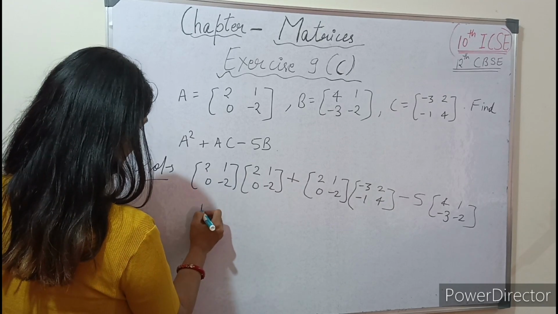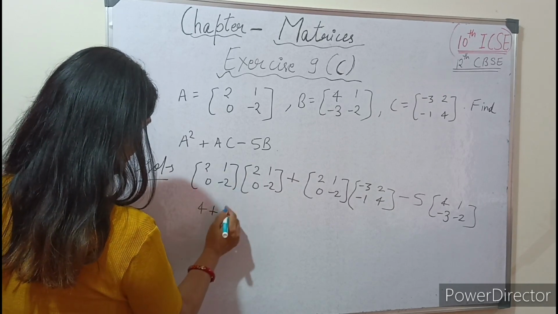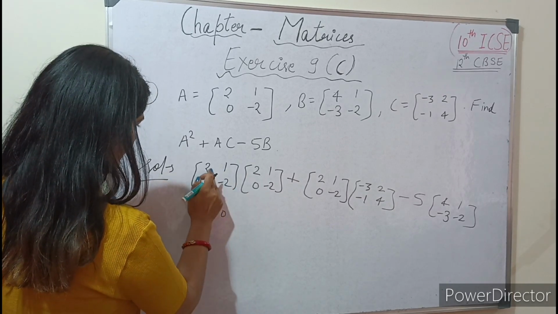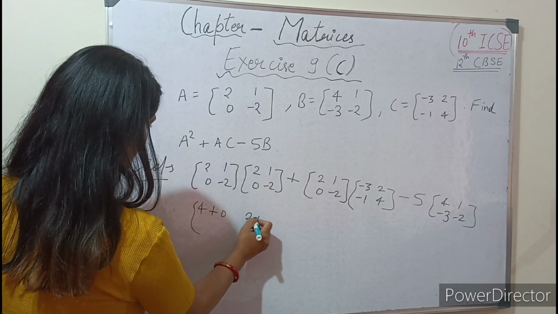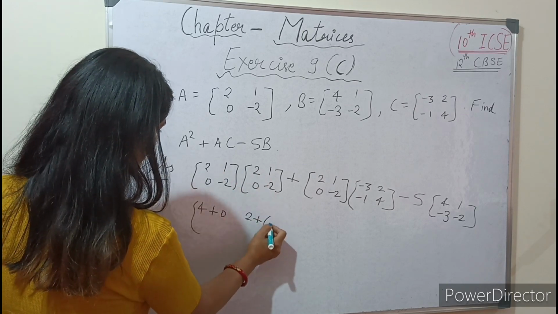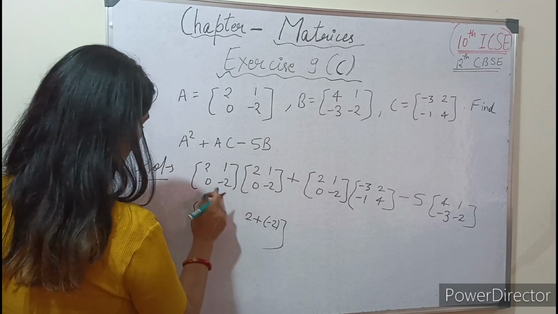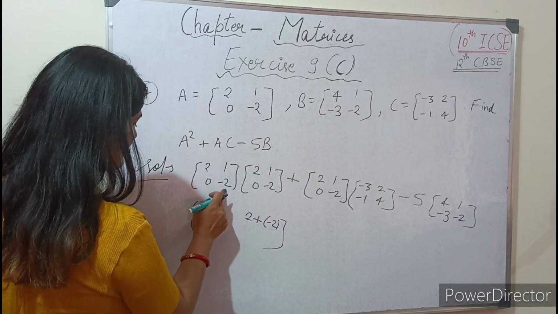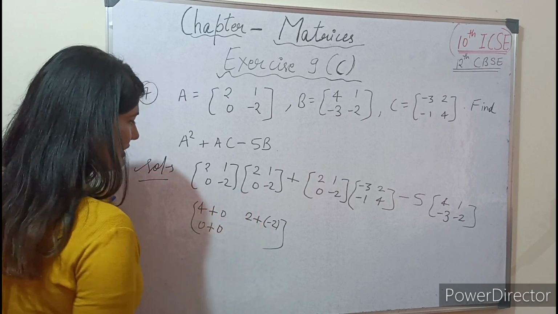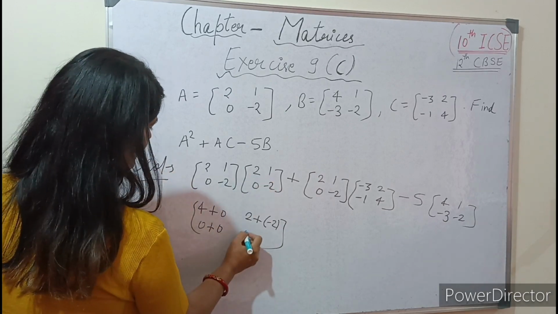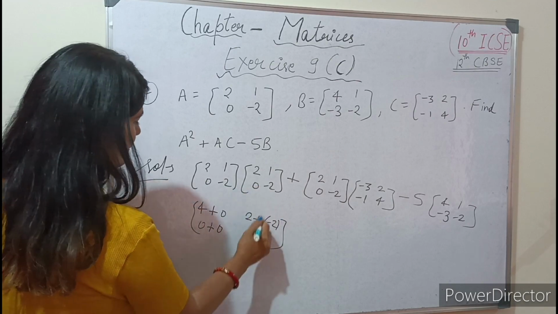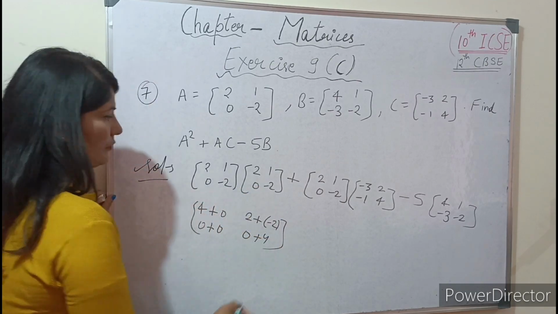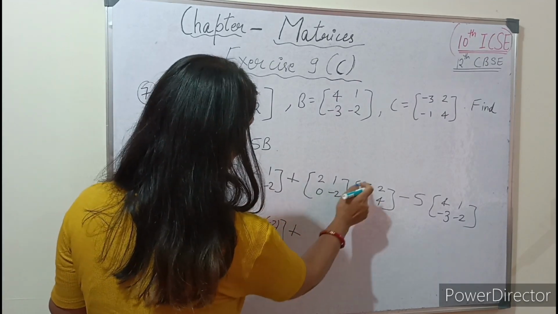2 into 2 is 4 plus 1 into 0 is 0. 2 into 1 is 2 plus 1 into minus 2 is minus 2. 0 into 2 is 0 plus minus 2 into 0 is again 0. 0 into 1 is 0 and minus 2 into minus 2 is plus 4. Same way row into column.